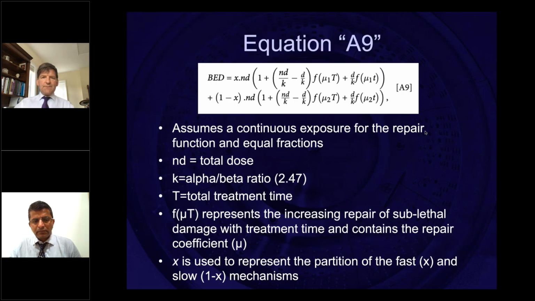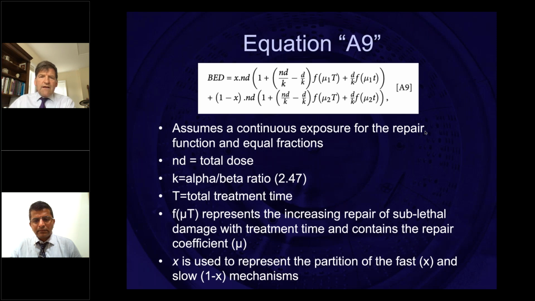First of all, in that paper, there's something called equation A9. This is still a bi-exponential equation, but you need very few parameters to be able to calculate. So you just need the total dose, the total treatment time, and the beam off time as well.